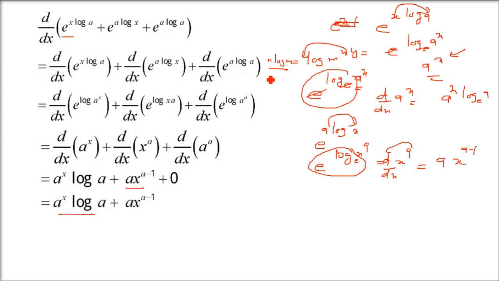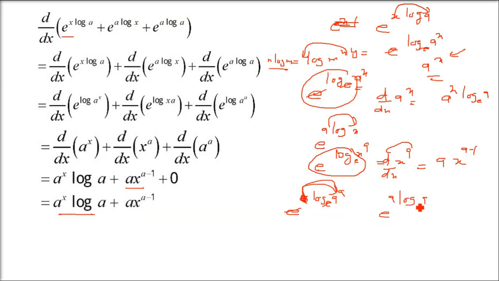Coming to the third one. e to the power a log a. So this a goes up as a to the power a, base is e. So this e gets cancelled, log also gets cancelled, a to the power a will remain only. Same discussion. And this e and log e will cancel only when you don't have anything in front of log.